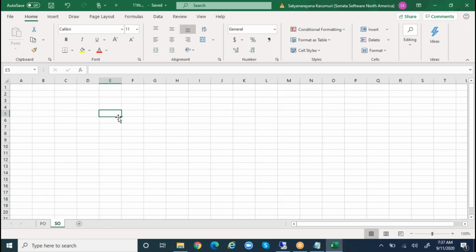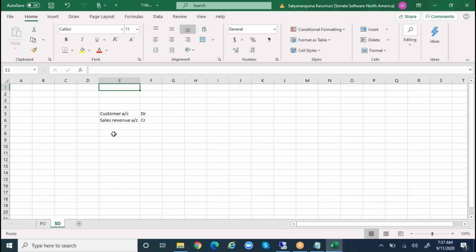Now, if it is a sales order, we learn like customer account debit to sales revenue account credit, and then cost of goods account debit to inventory issue account credit.